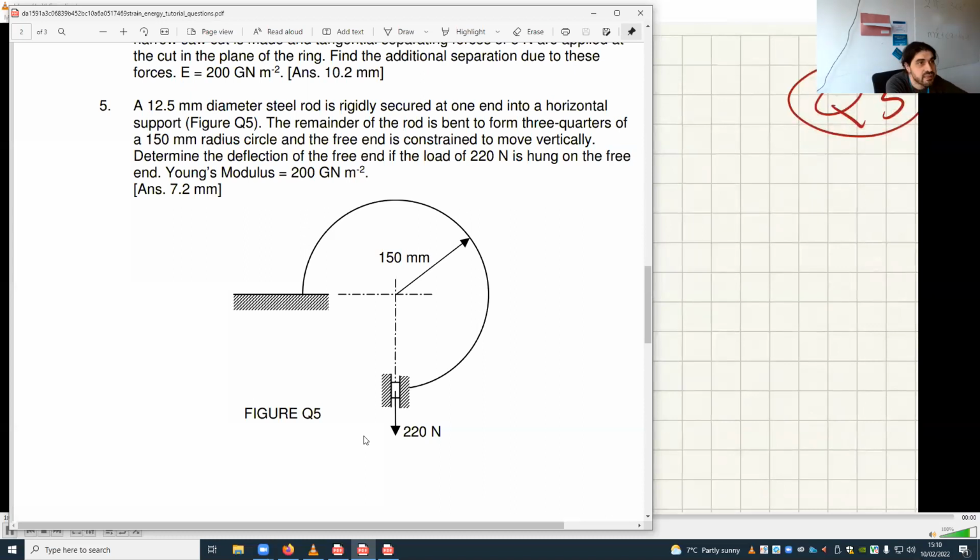We have a rod rigidly secured at one end into a horizontal support. The remainder of the rod is bent to form a 3/4 of a 150 mm circle. The free end is constrained to move vertically only. So we have here something that I can say is a roller and a slider, and that slider slides in between two vertical guides.